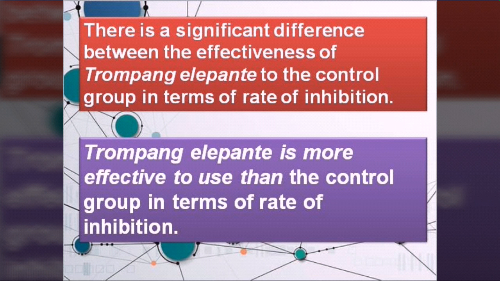In the first example, it was stated that there is a significant difference. In the second example, it was stated that trompang elepante is more effective than the control group, meaning to say there is also a difference. Now, which one is directional and which one is non-directional? I will give you 5 seconds to think. Did you answer it correctly?